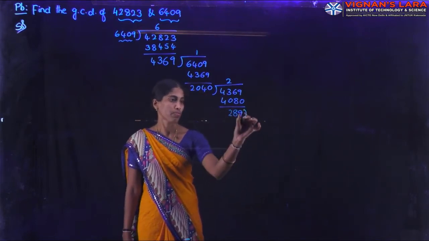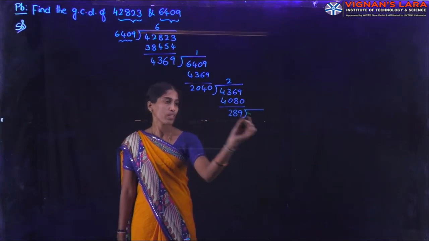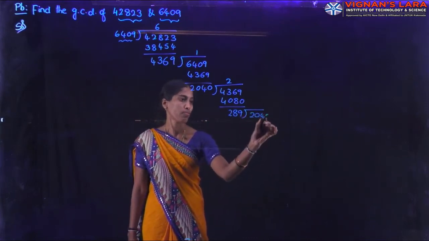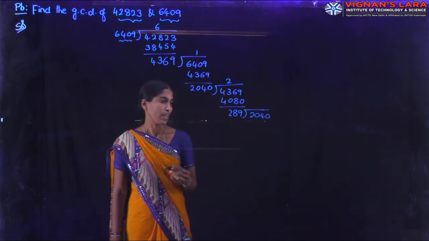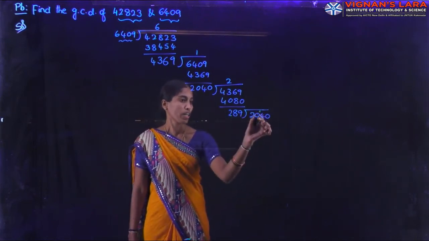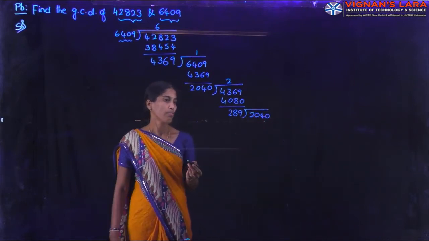Now divide the previous divisor 2040 using this remainder 289. How many times? 9 times, right? 9 2s are 1800.